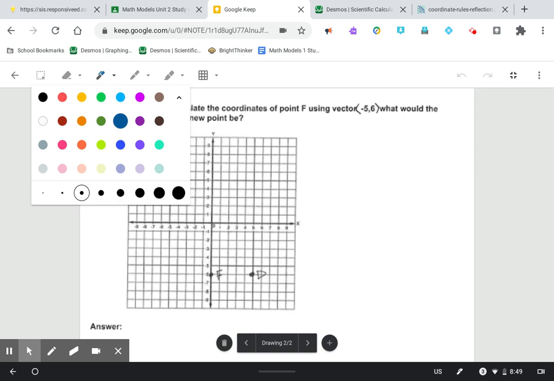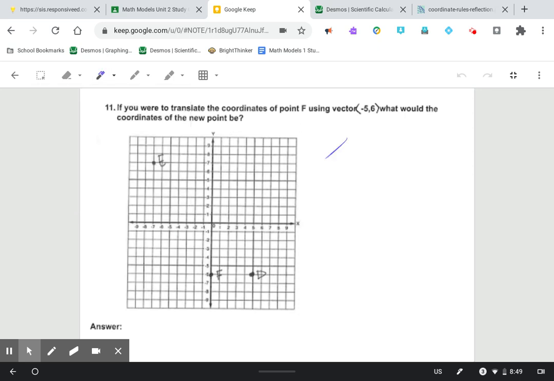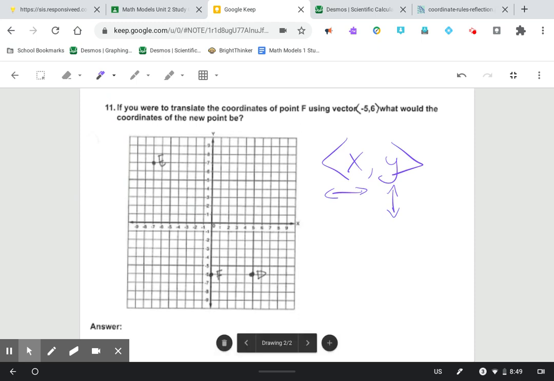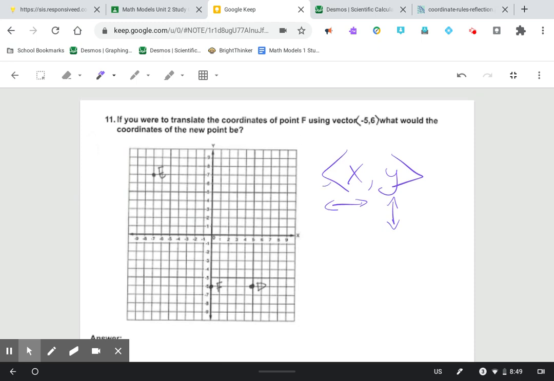Remember that when you're looking at a vector, the vector is telling me where to move on the x and then where to move on the y. In other words, where to move horizontally and then where to move vertically. So negative on the x means to move to the left, positive means to move to the right. For y, positive means to move up, negative means to move down.